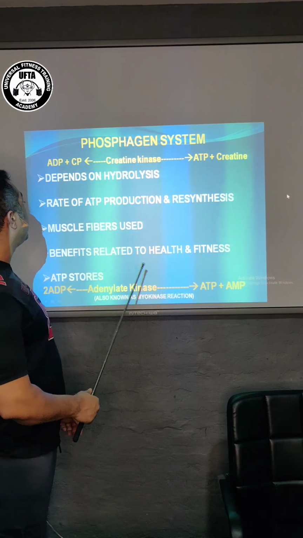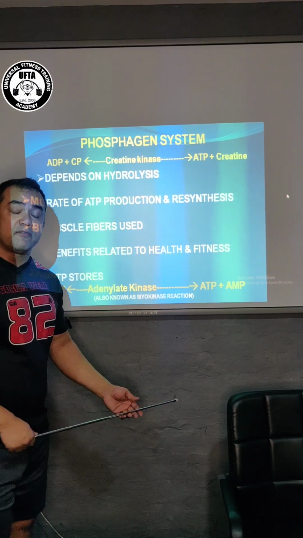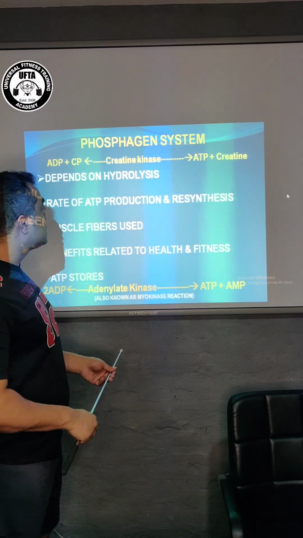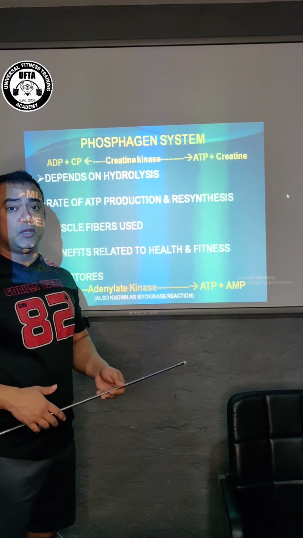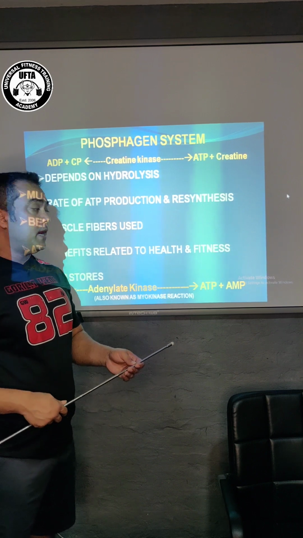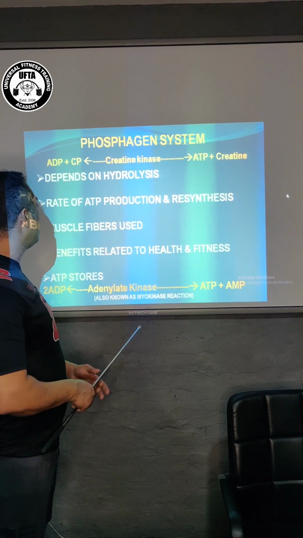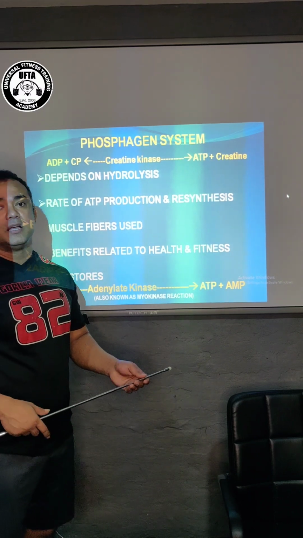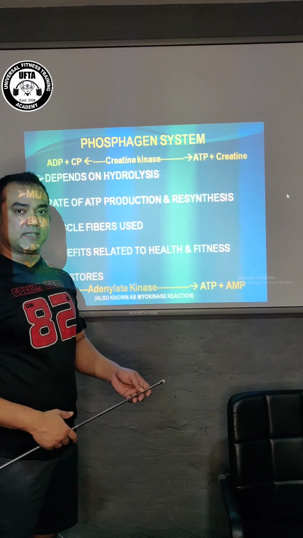We also have to see the kind of muscle fibers we are using while utilizing the phosphagen system, because the phosphagen system basically uses the anaerobic energy system. At the same time, we need to understand that our exercise has to be intense enough so that we are stimulating the phosphagen system.